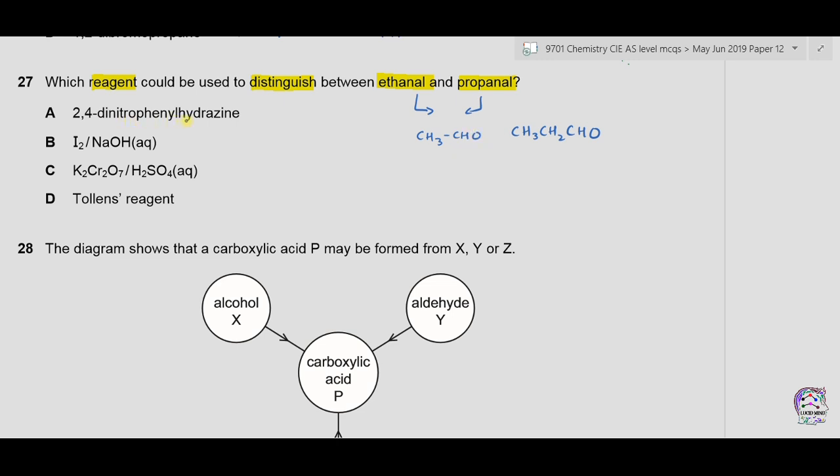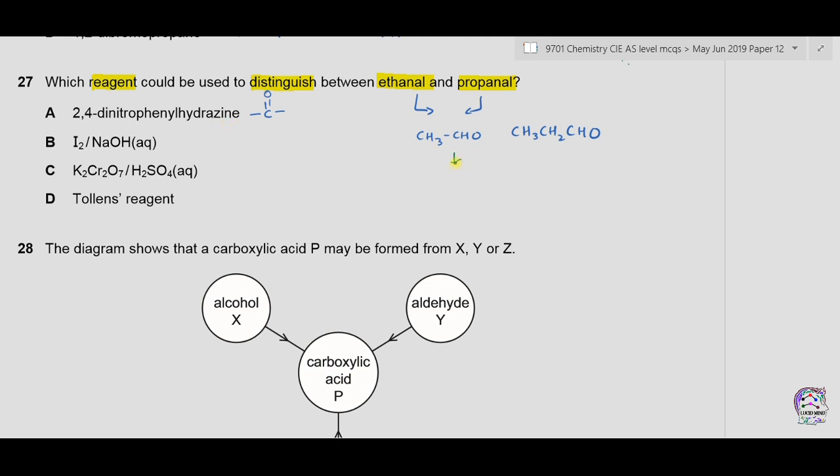A is 2,4-DNPH or 2,4-dinitrophenylhydrazine. It gives a positive result whenever a carbonyl carbon is present. Now as carbonyl carbon is present in both these aldehydes, both will give a positive result with this reagent. So we cannot distinguish by 2,4-DNPH.